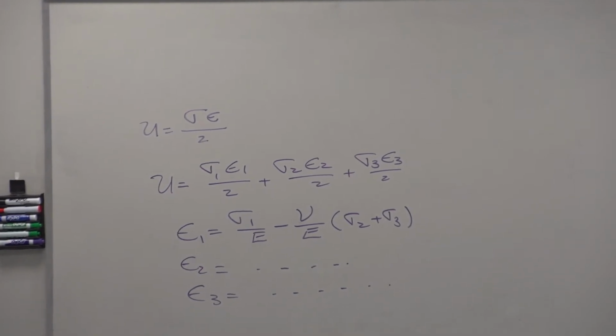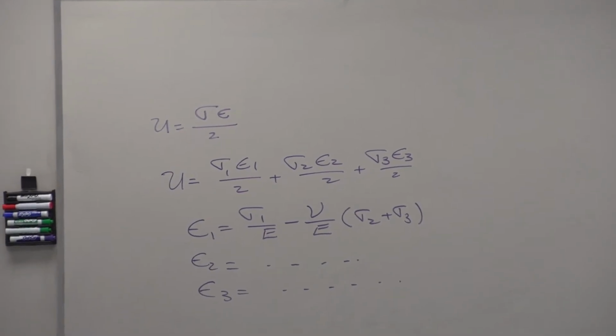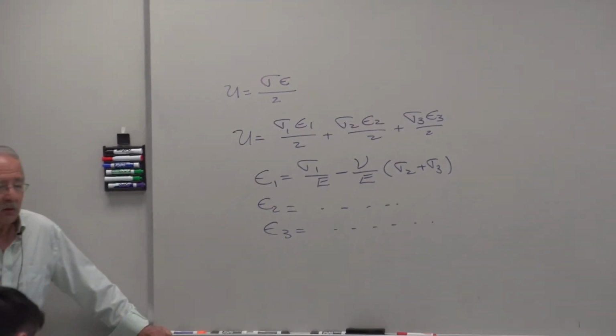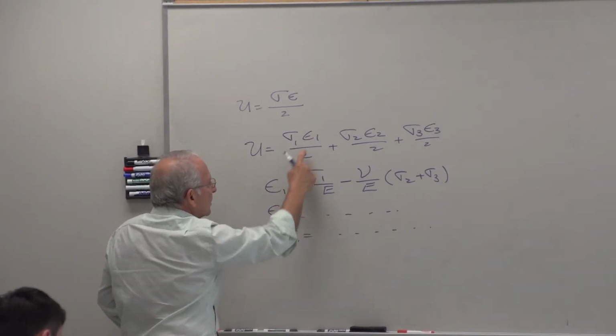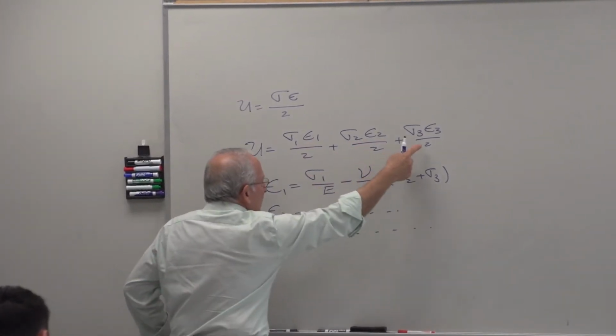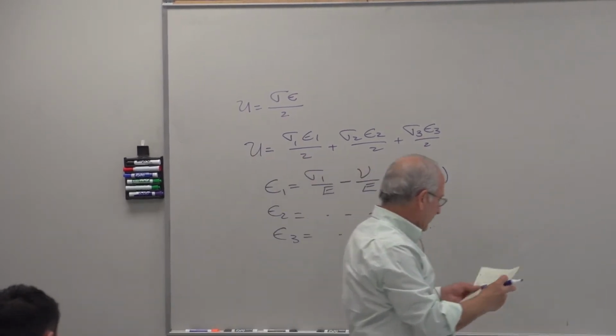To get our strain energy as a function of stresses only, with no strains in it, we substitute for these strains from this equation. Epsilon 1 here, epsilon 2 there, epsilon 3 there. And then we get this.